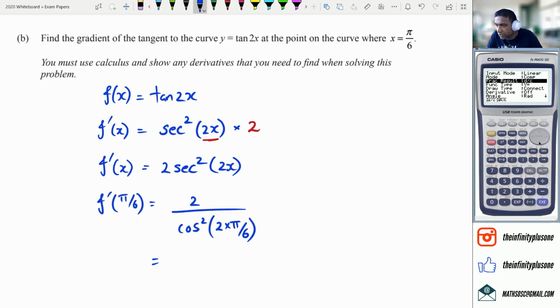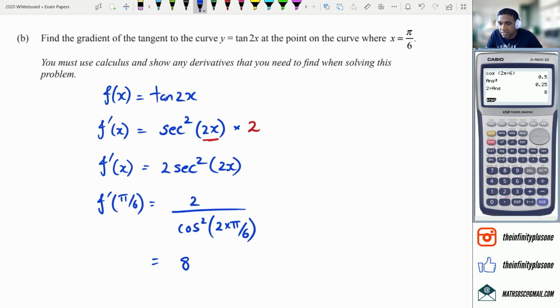That's the worst thing you can do. Yes, that's in radians. That's fine. So I'm going to do cos of 2 pi over 6, let's just do it the long way. It's fine. 2 pi divided by 6 equals this. Squared of that equals this. And then 2 divided by the answer is giving me 8.